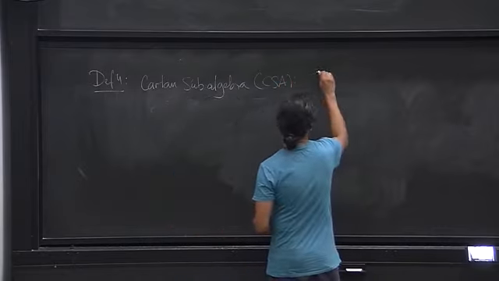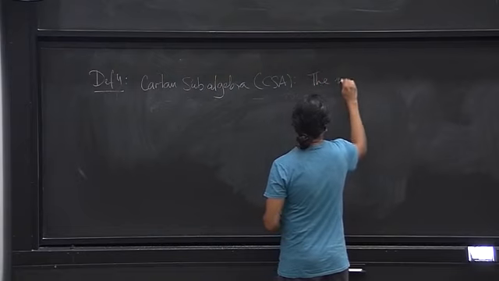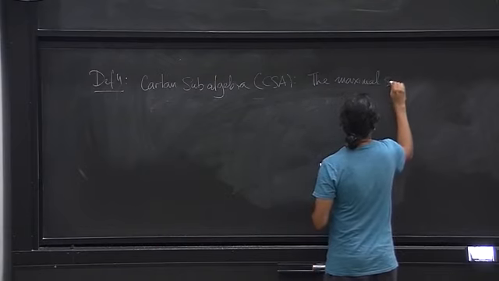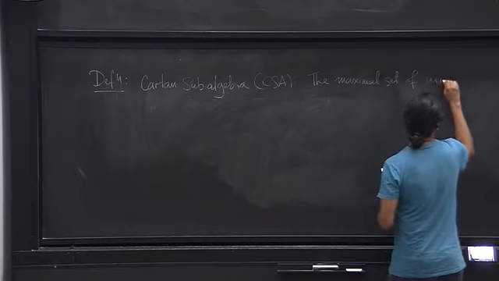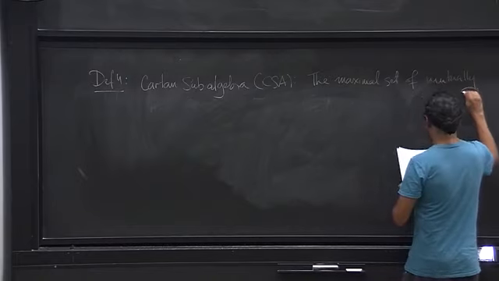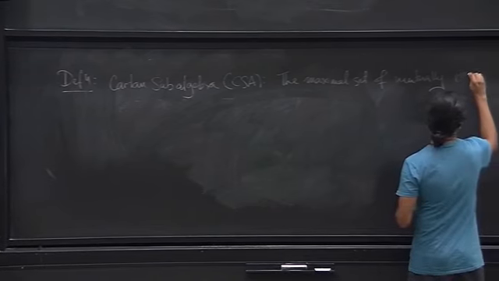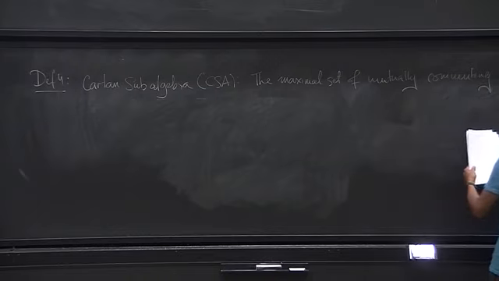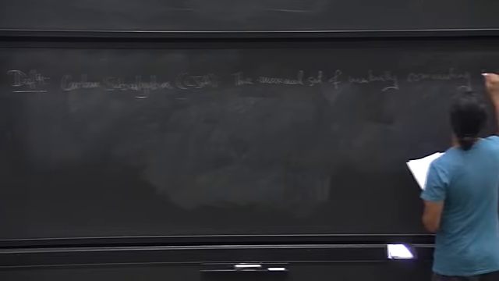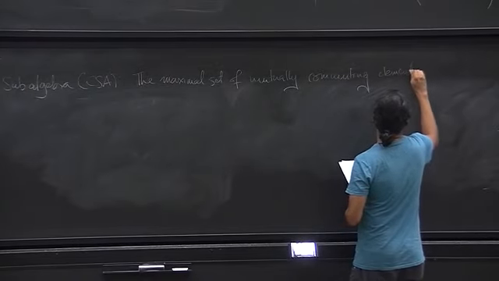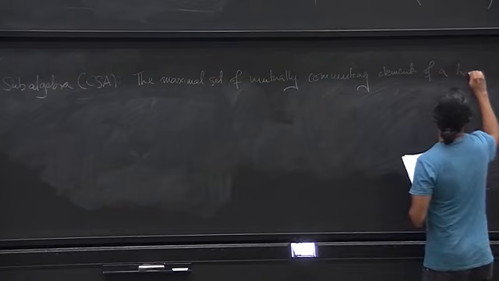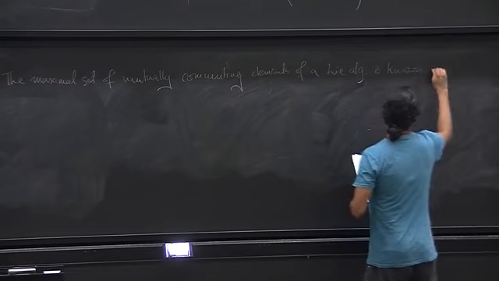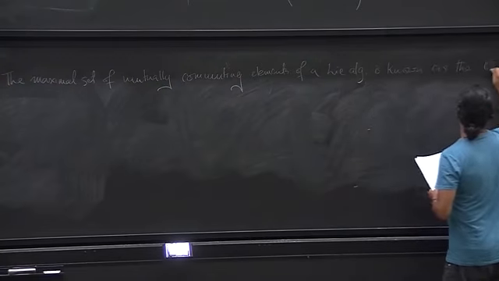The Cartan subalgebra is the maximal set of mutually commuting elements of a Lie algebra.